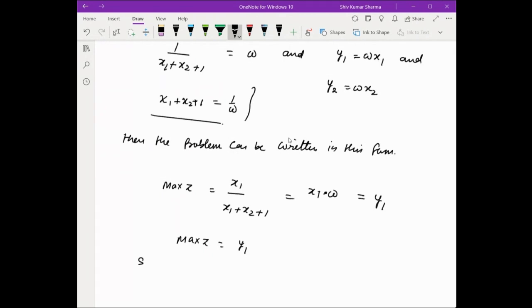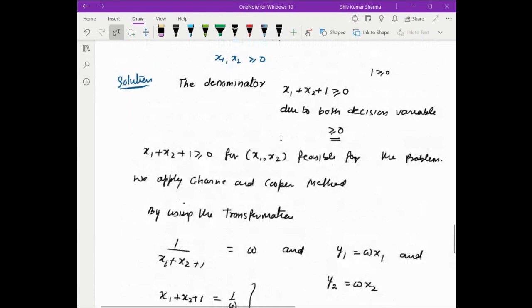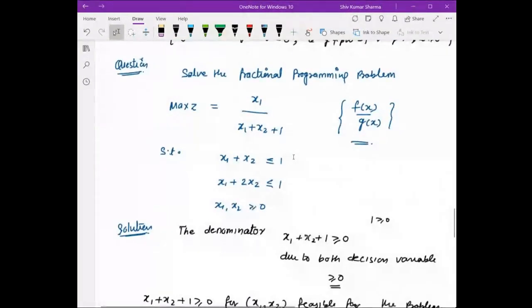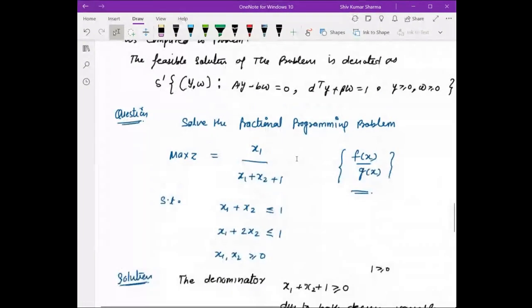Subject to constraints, the first constraint is x1 plus x2 less than or equal to 1.